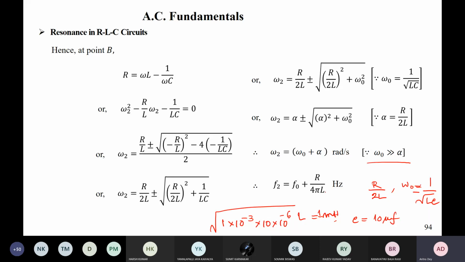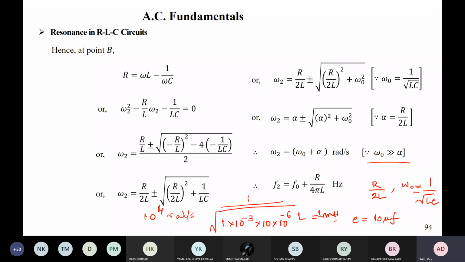So we are left with what? Am I correct? If we take these values like this, it will become 10 to the power 4 finally, radian per second.